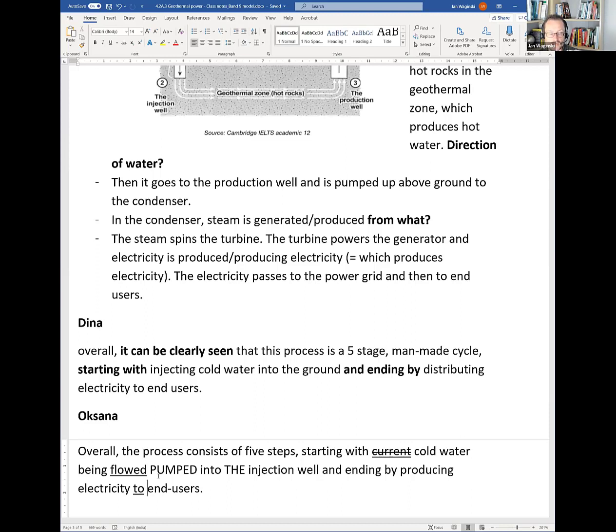Maybe you can tell I'm hungry. I cooked this pasta for you. No, for you, right? For to or electricity for end users. Yes, you're right, because you make something for someone, producing electricity for end users. Thank you very much. Okay, good stuff.